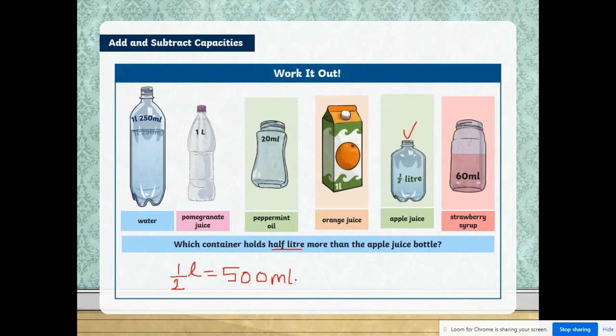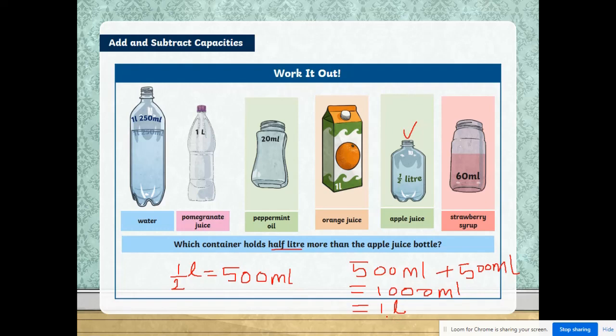All right. The other container has half liter more. So let's add this half liter to this amount. So we have 500 milliliters plus 500 milliliters, which will give us 1000 milliliters. We can convert this 1000 milliliters into liters. So that is nothing but 1 liter.